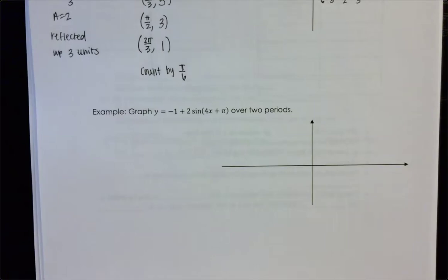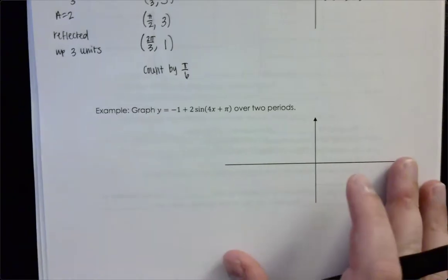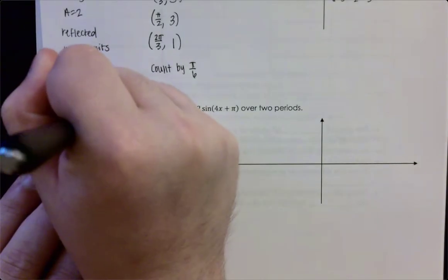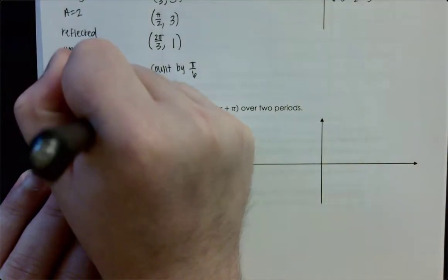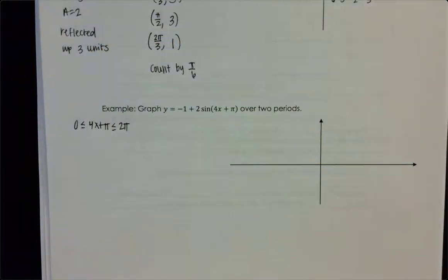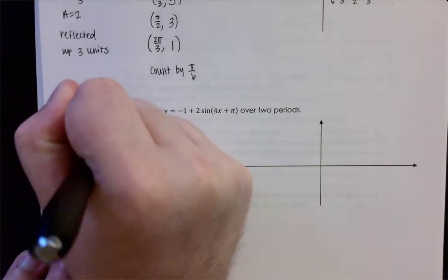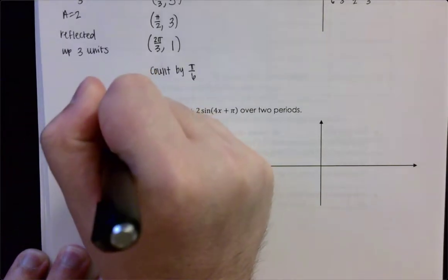Okay, last example. Graph y equals -1 plus 2 sine of 4x plus pi over 2 periods. So we start by that 0, 4x plus pi, and 2 pi. So we're going to have negative pi and pi.